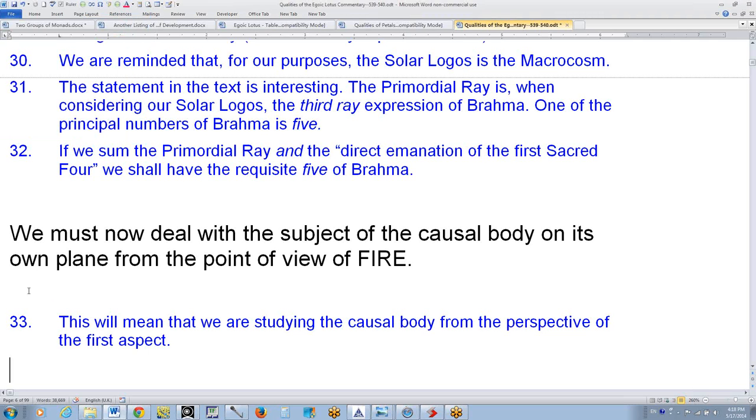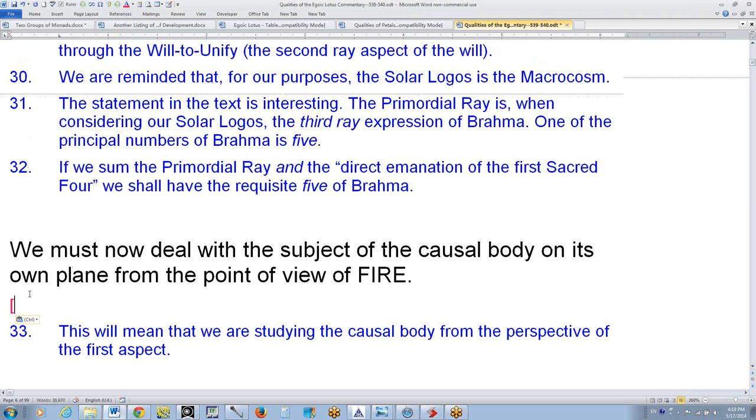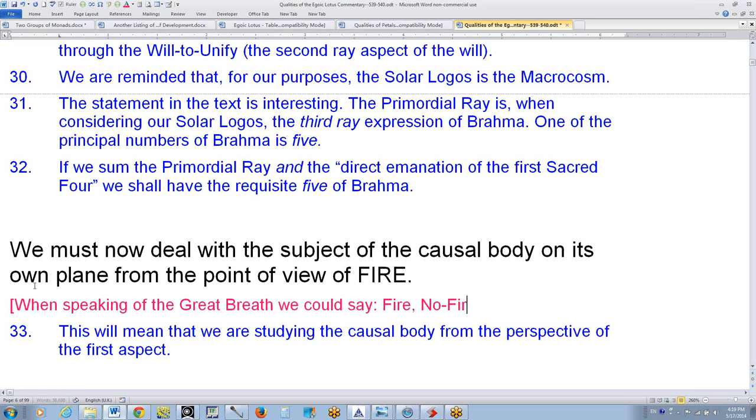You know, when speaking of the great breath, we could say fire, no fire, fire, no fire, and on, no term being the beginning, especially.